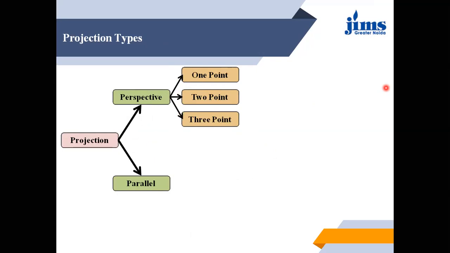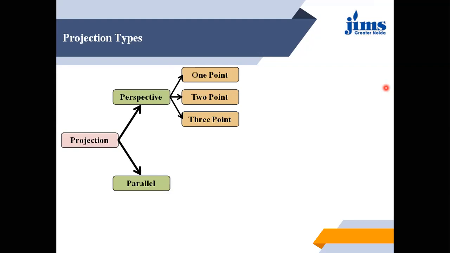We know that in perspective projection there is the COP, the point from where the light source is, or from where the projectors come onto the object. So this was about perspective projection.